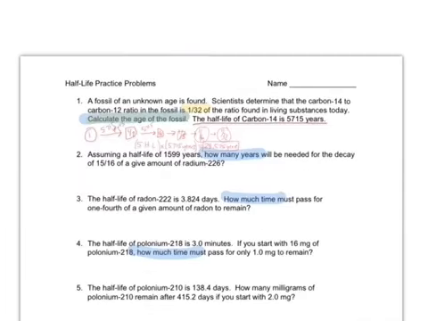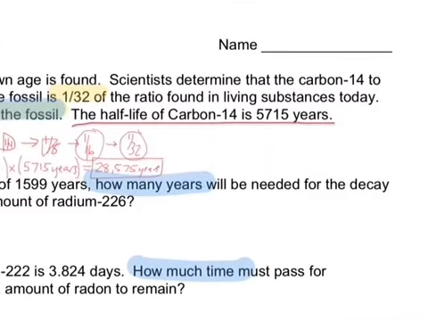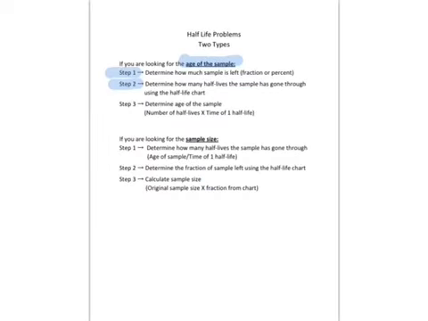So I'm just going to rewrite this. Step 1 told me 1/32, and I have it highlighted there, but let's just write it down. Step 1, 1/32 remaining. Okay, so how many half-lives has the sample gone through using our half-life chart?